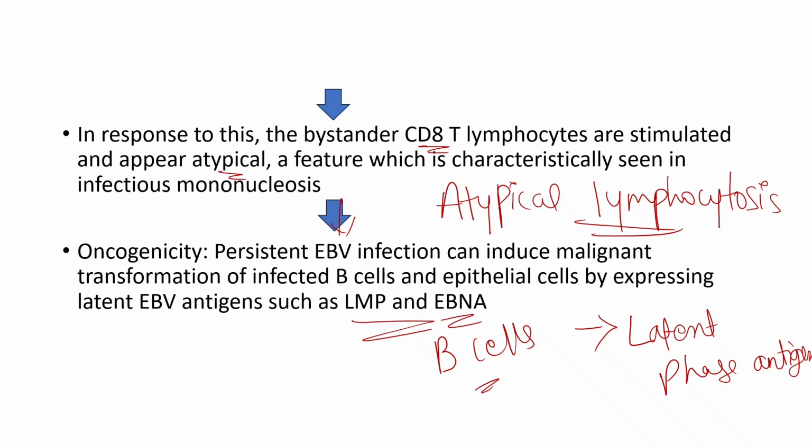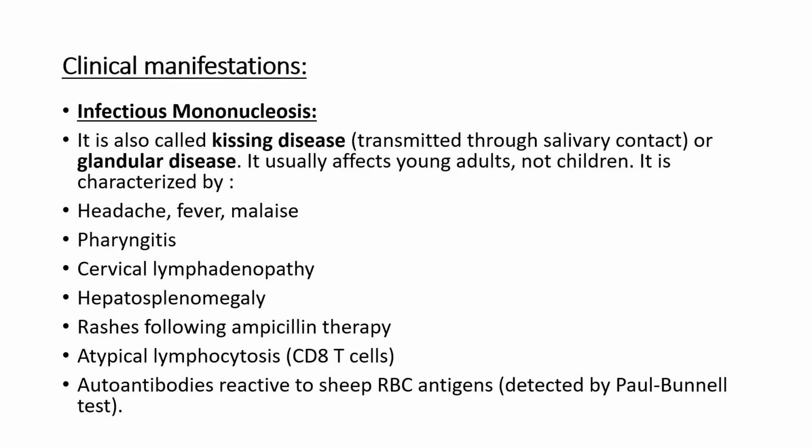So, latent membrane protein and Epstein-Barr nuclear antigen will be synthesized, which result in malignant transformation of the infected B cell. As a result, there will be carcinogenic property in this virus. So there will be continuous multiplication as well as malignant transformation of the infected B cells, which turn into tumors.